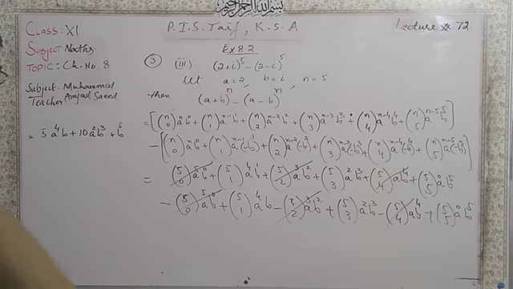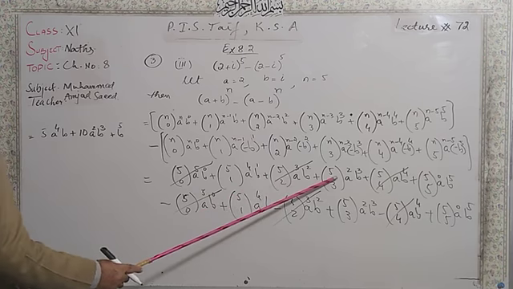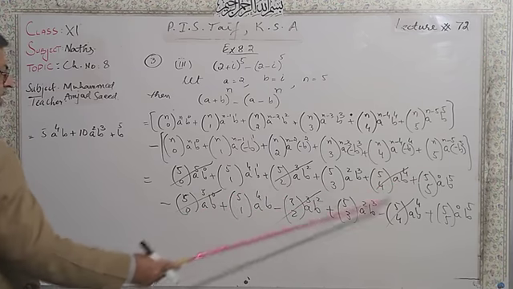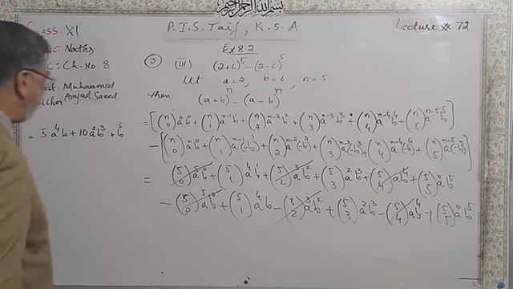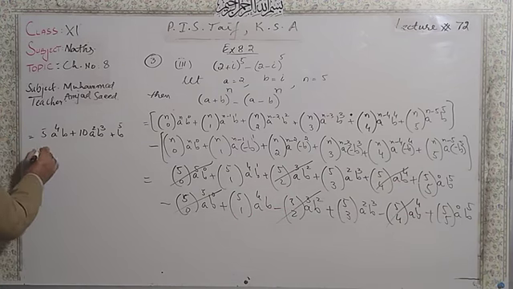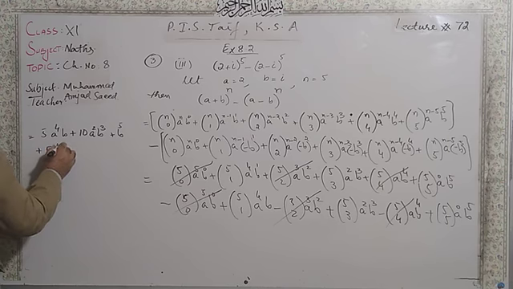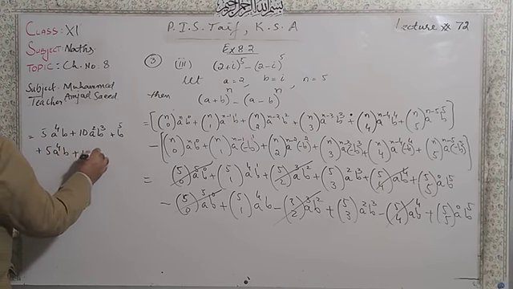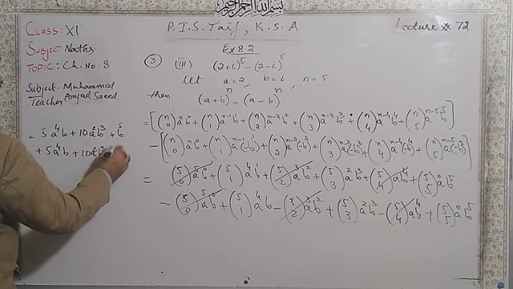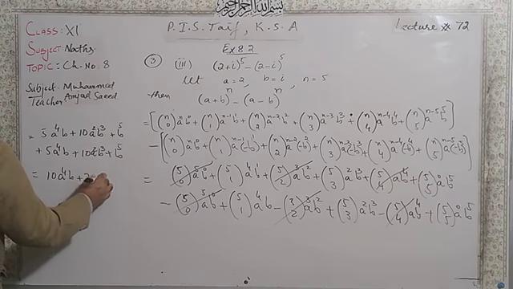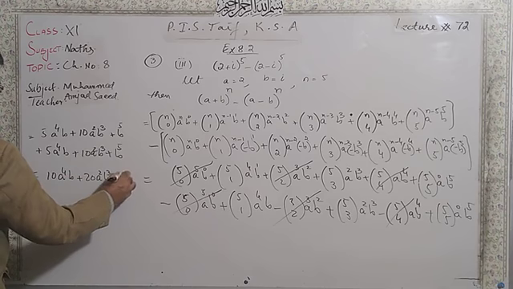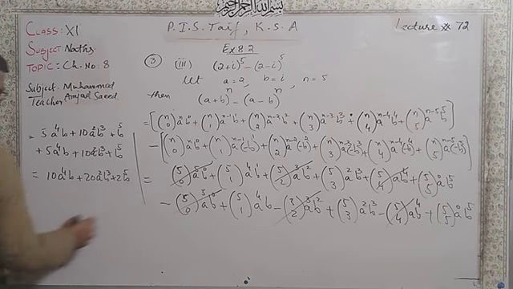Remember that 5C1 is 5, 5C3 is 10, 5C5 is 1, and these terms are exactly similar, so we will have the repetition of these numbers. Plus 5a^4 b, 10 a square b cube, plus b^5. You can have 10 a^4 b, plus 20 a square b cube, plus 2 b^5.